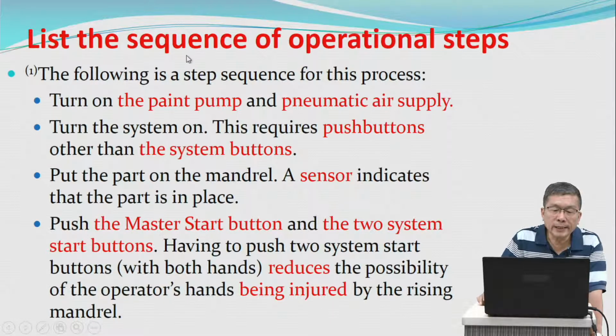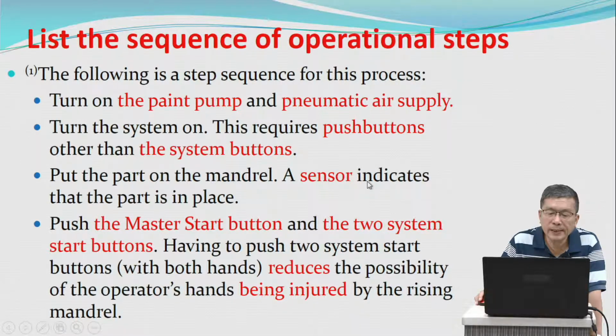The following is a step sequence for this process. Turn on the paint pump and the pneumatic air supply. Turn the system on. This requires push buttons other than the system start buttons. Put the part on the mandrel.